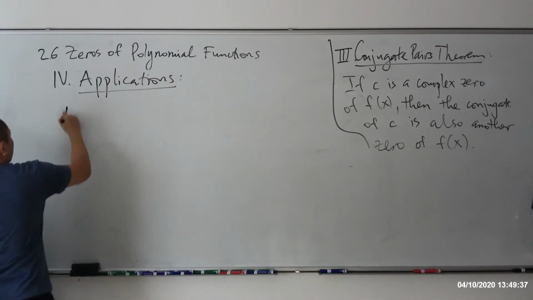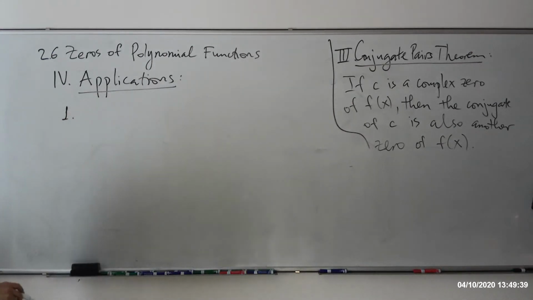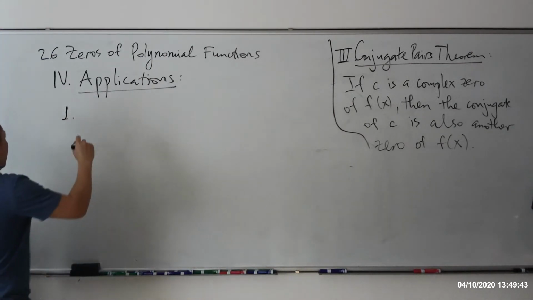The first type of application is to construct a polynomial given some conditions. So let me write down the first example.